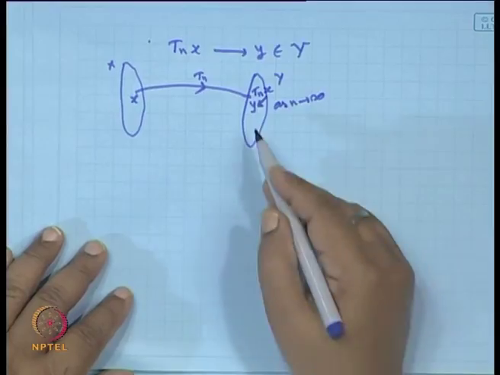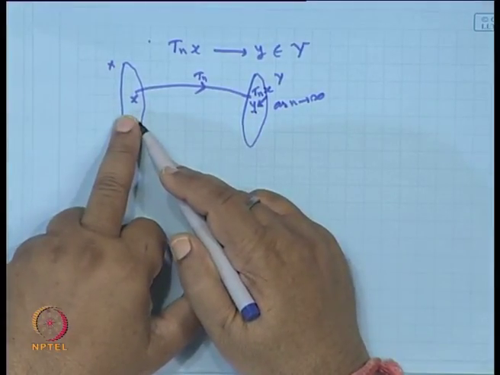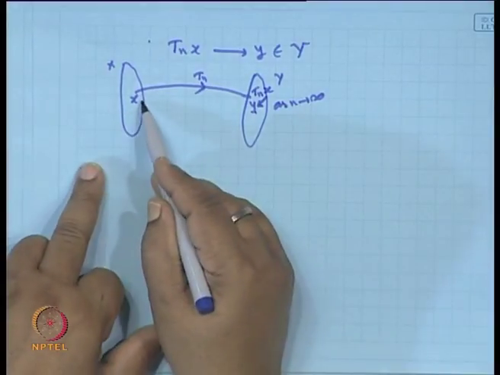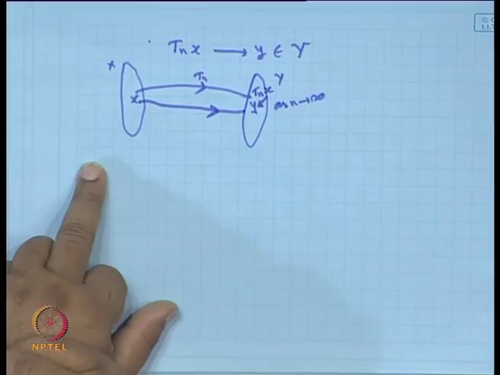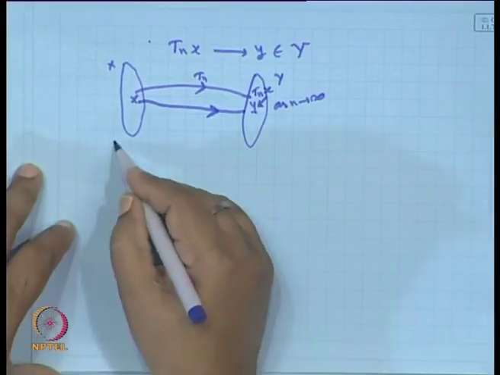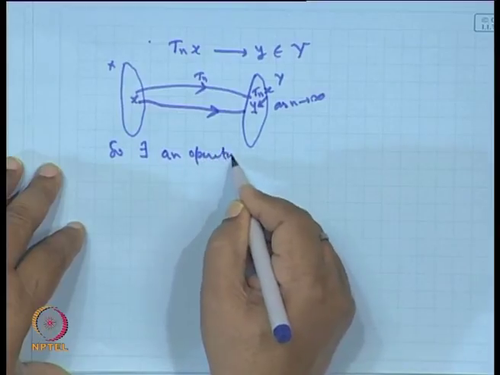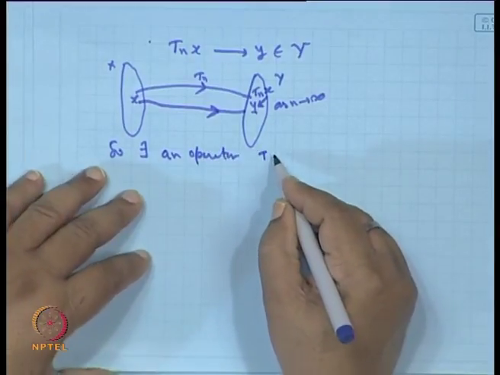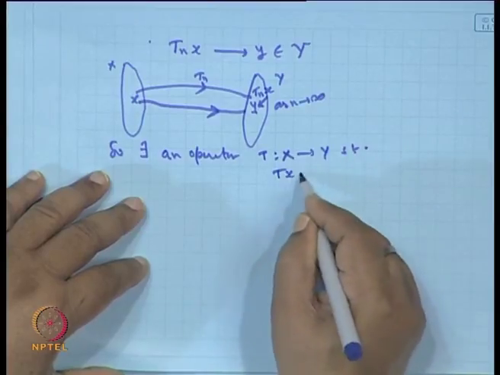It means that this y is obtained because of x fixed. So, there must be an operator which relates x directly to y. So, there exists an operator T which transfers from X to Y such that T of x equals y.